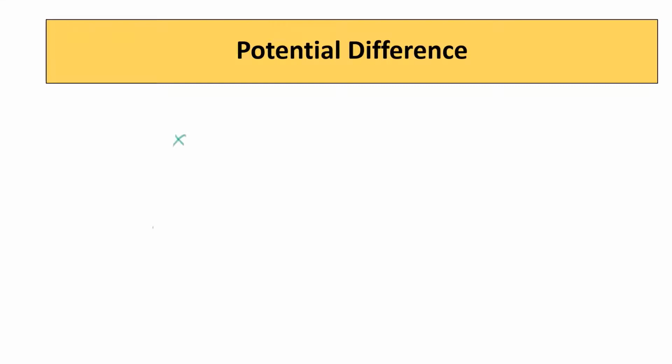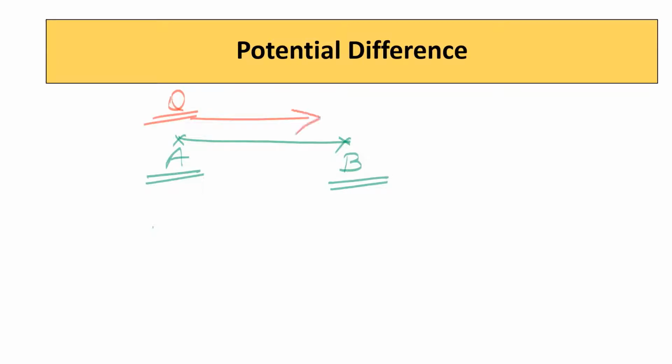Electric charge also flows from a higher potential to a lower potential. Let this point be A and this be B. A is at a higher potential and B is at a lower potential. Say a charge Q moves from A to B. This difference in potential between these two points is provided by a battery.